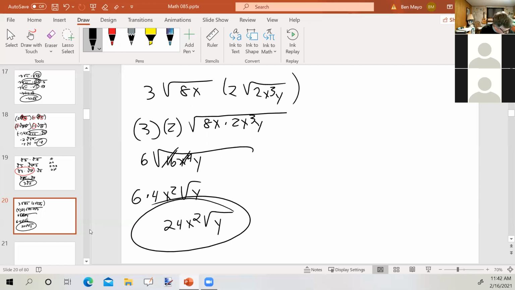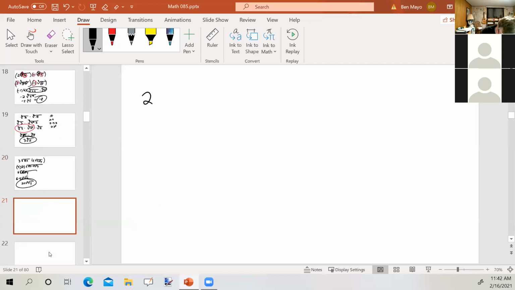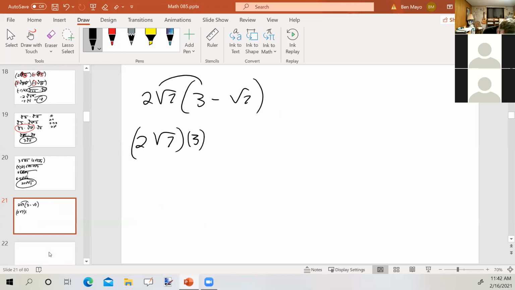Now, let's do some distributing. Let's say we've got 2 square roots of 7 times 3 minus the square root of 7. So that would be 2 square roots of 7 times 3 minus 2 square roots of 7 times the square root of 7.